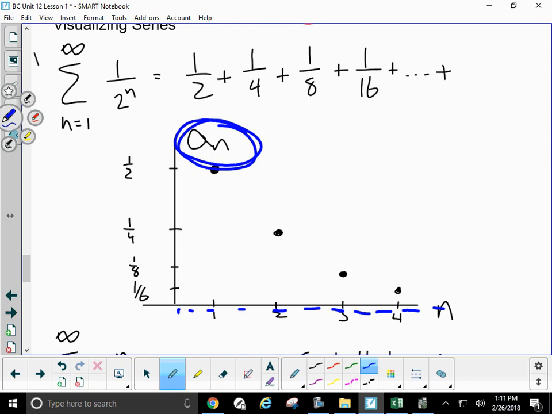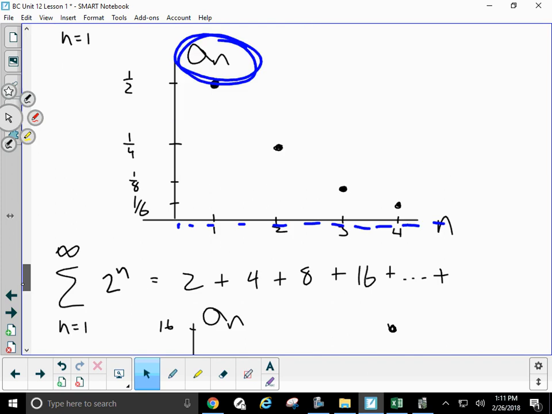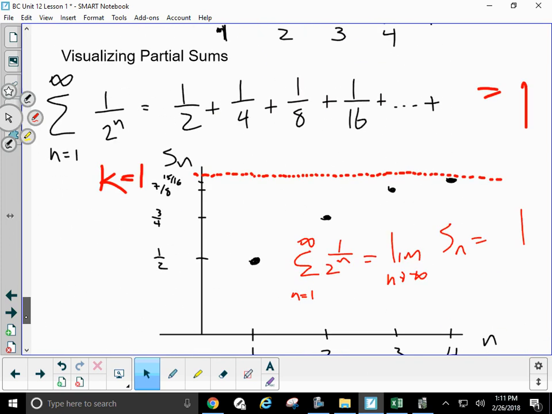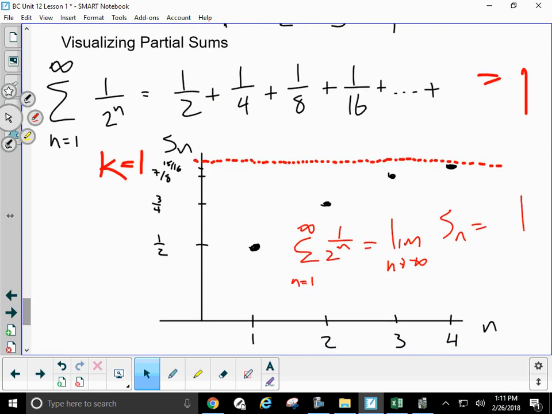It just means the terms that I'm adding up are getting smaller and smaller. And when I add them up, we can see my sums are getting closer and closer to 1. We'll say that this sum, 1 over 2 to the n, converges, and it'll converge to 1.